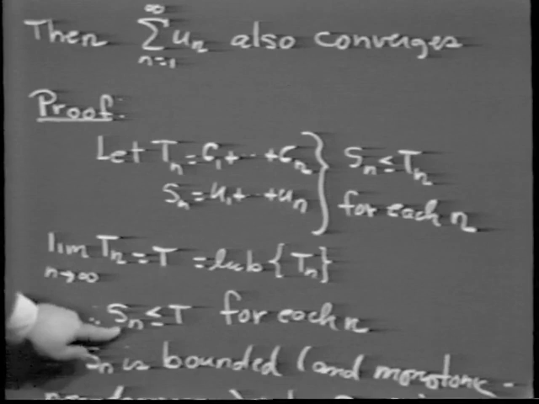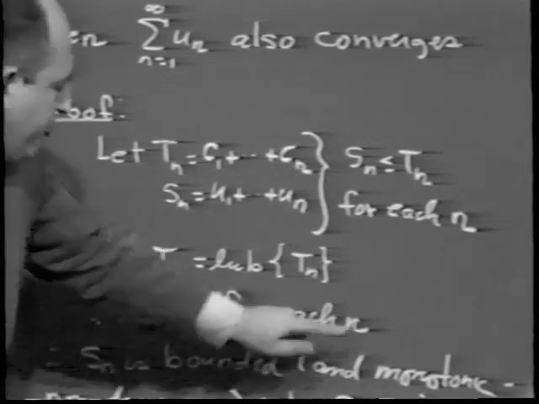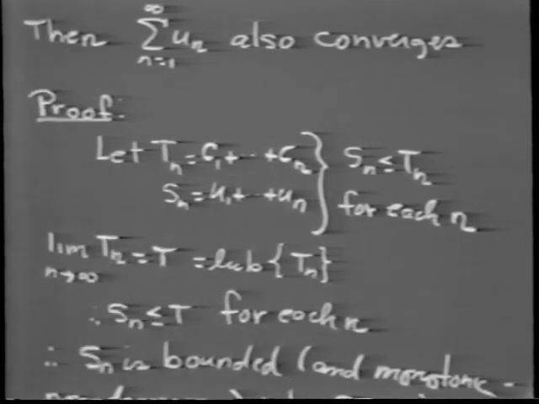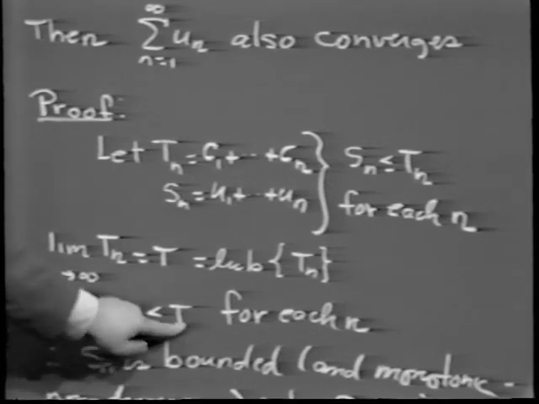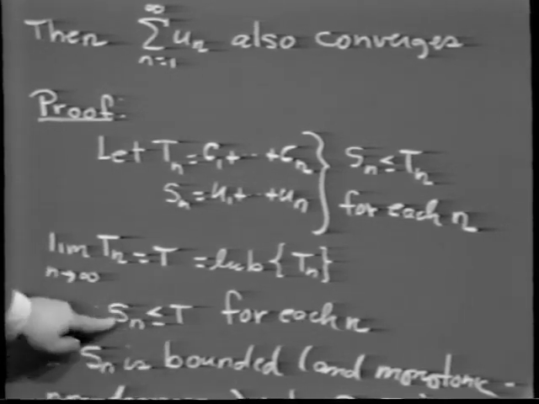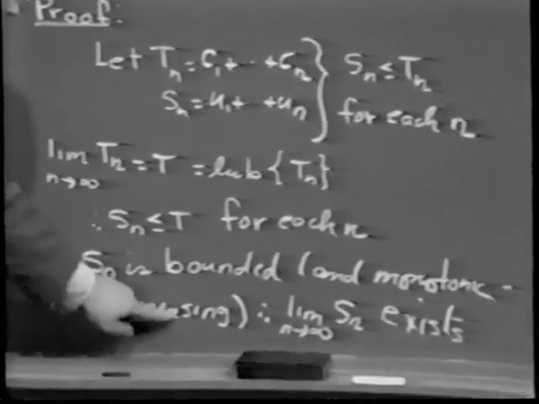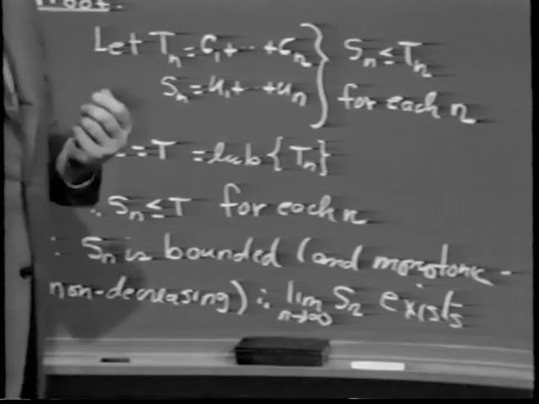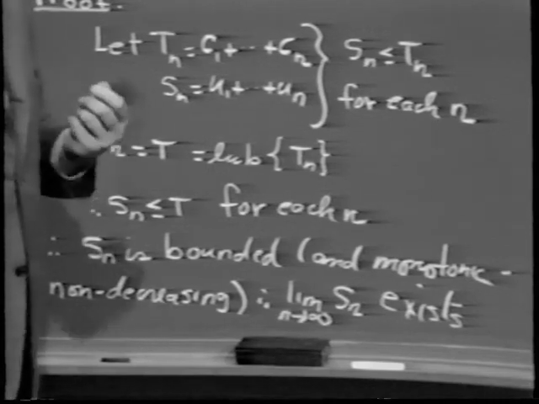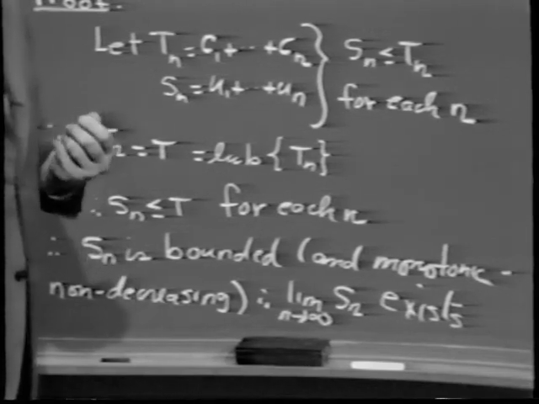In other words, s sub n can be no bigger than t for each n. Well, what does this mean? It means then that the sequence s sub n itself is bounded. Well, it's bounded. It's a monotonic, non-decreasing sequence. Therefore, its limit exists. Not only does it exist, but it's the least upper bound of the sequence of partial sums.